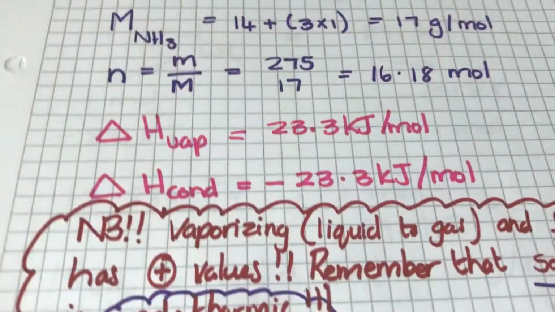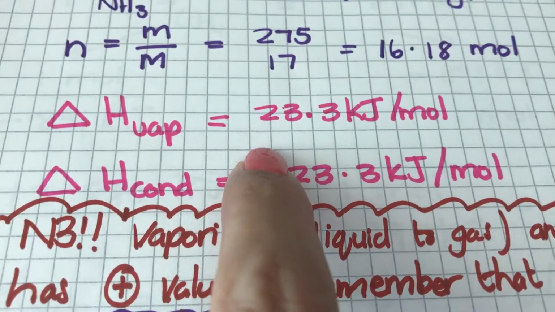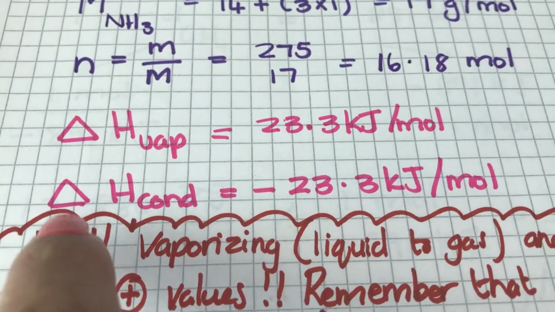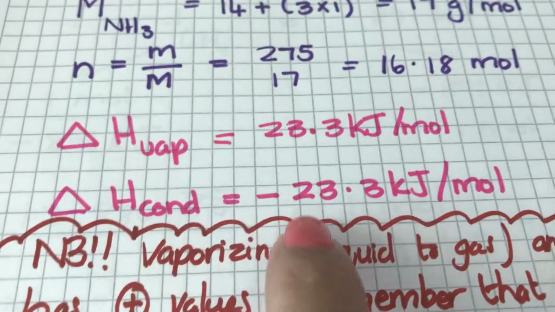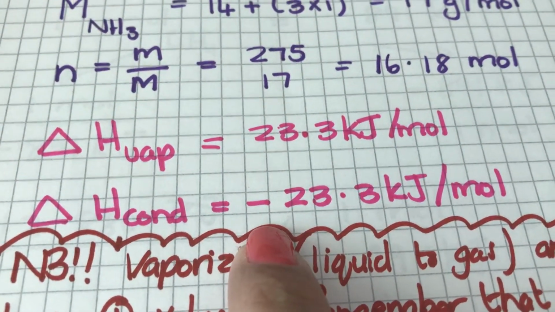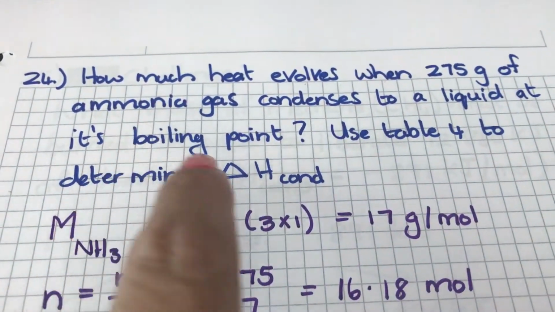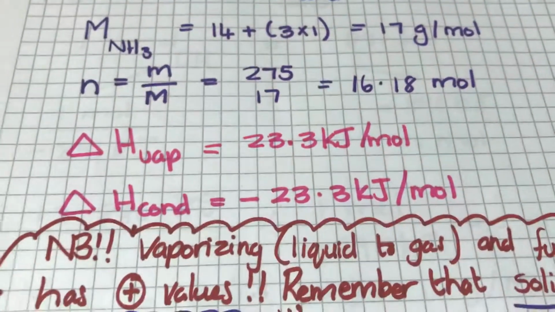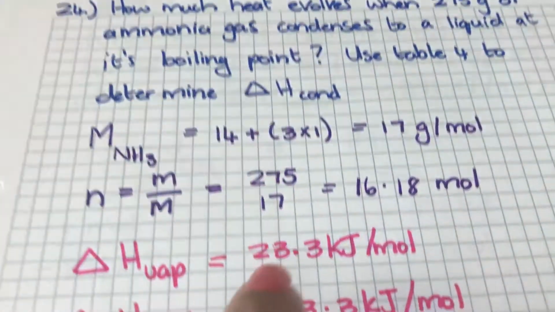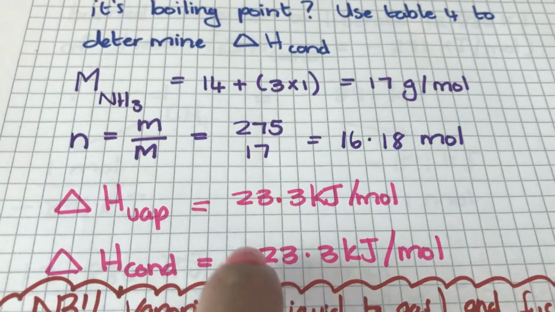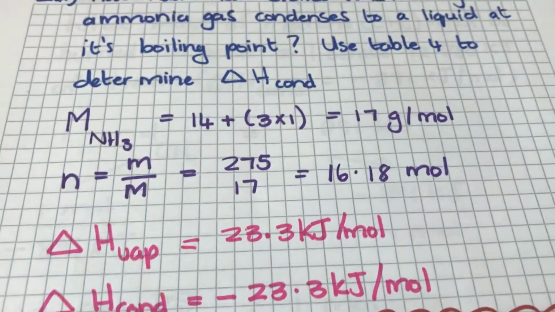So that means I will use my vaporization value of 23.3 kilojoules per mole, but to write it as change in enthalpy for condensation, I just put a negative in front, because in this question, I'm not vaporizing ammonia, I am condensing it. Condensation is the opposite of vaporization.